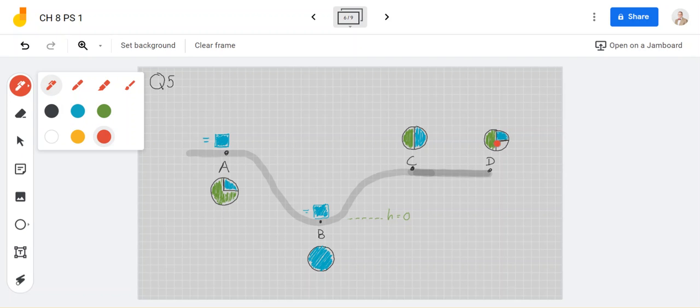What does that mean? It means we have some thermal energy generated. The red is the thermal energy.